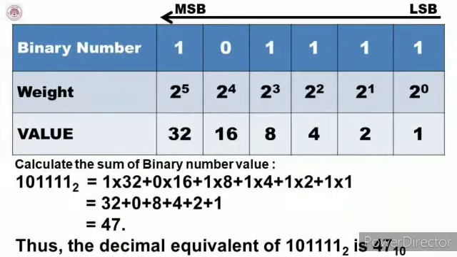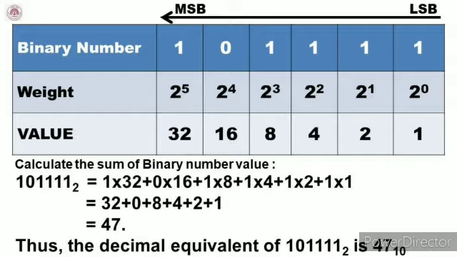Now let's do it practically. See the diagram. In this diagram, in the first row, you see the binary number which we had selected, which is 101111. We have written in the order from least significant bit to the most significant bit. Now we are going to calculate the weight. Weight is there in the second row. Now if you see at the right corner, we'll start from the right side.